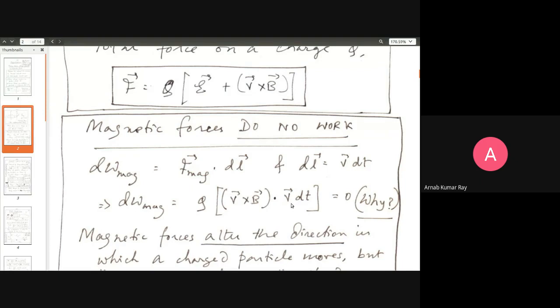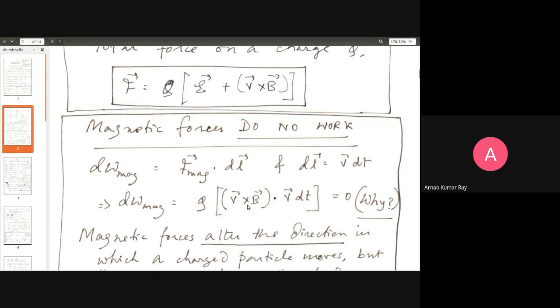So that will be perpendicular to v. If this product is perpendicular to the plane that contains both v and B, then it must also be perpendicular to v, of course. So if you have two perpendicular vectors whose dot product is taken, then the dot product will be 0, because the definition of a dot product is the magnitude of the first vector times the magnitude of the second vector, times cos of the angle between the two. v cross B gives the first vector, and the second vector is v.